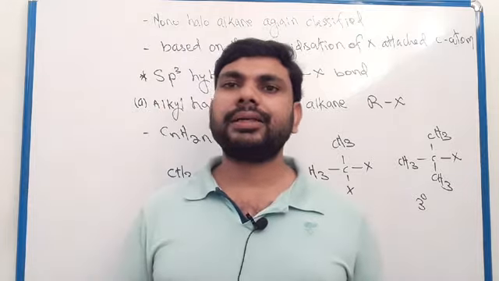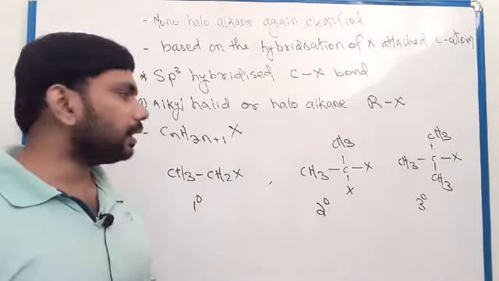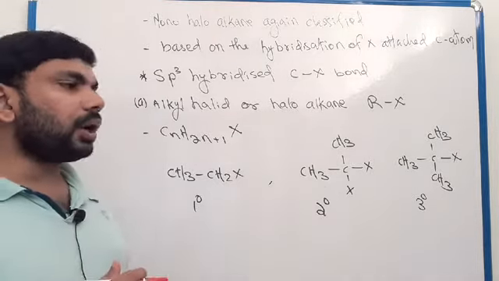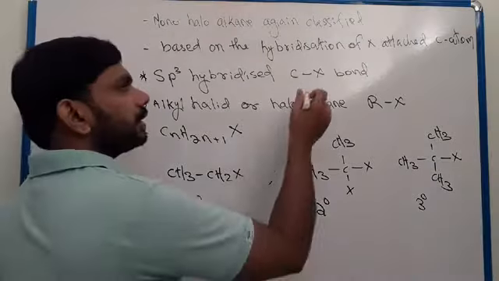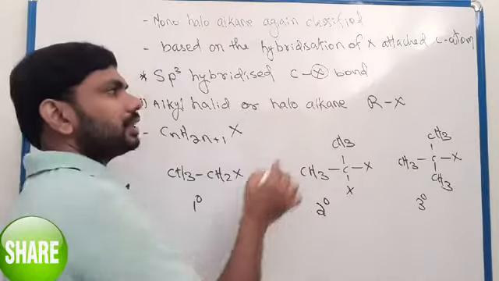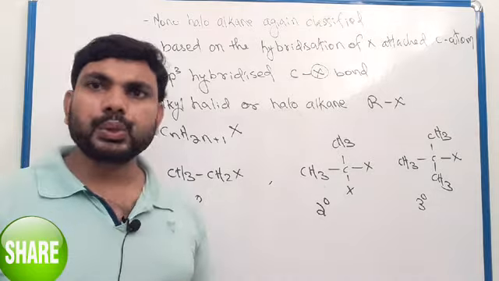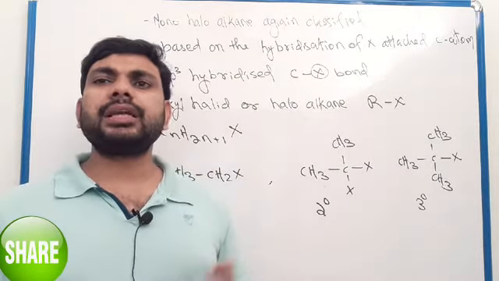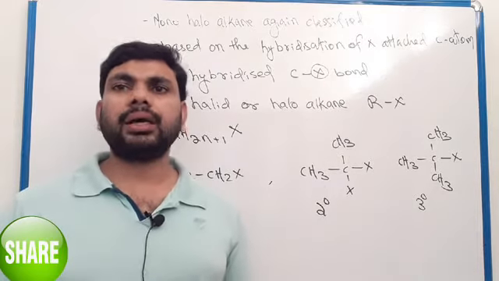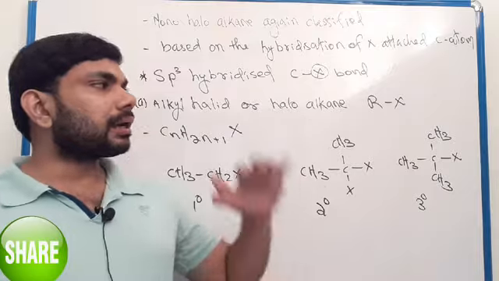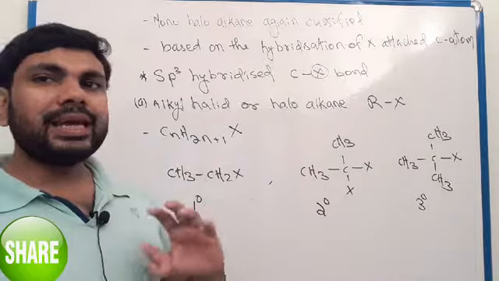Monohaloalkane is again classified into different types, based on the hybridization of the carbon that is directly attached to the halogen atom.